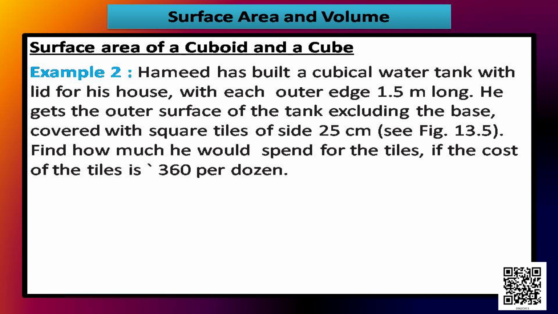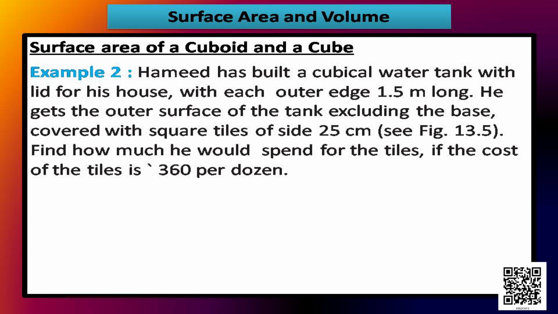You can see the figure that is given in your book, that is figure 13.5. The question asks, find how much he would spend for the tiles if the cost of the tiles is rupees 360 per dozen. So now let us go for the solution.